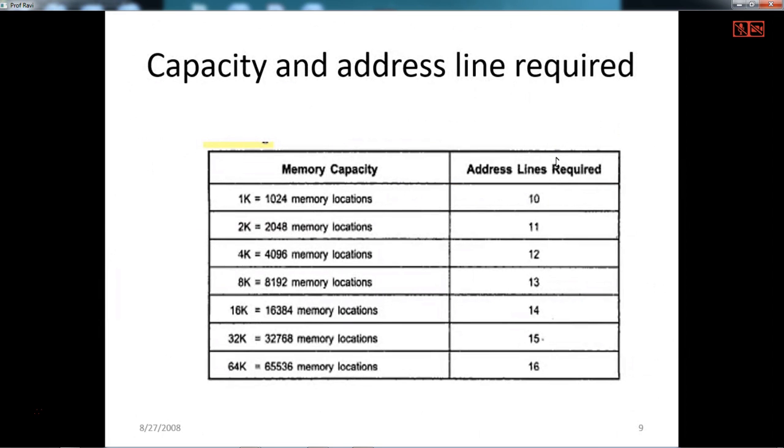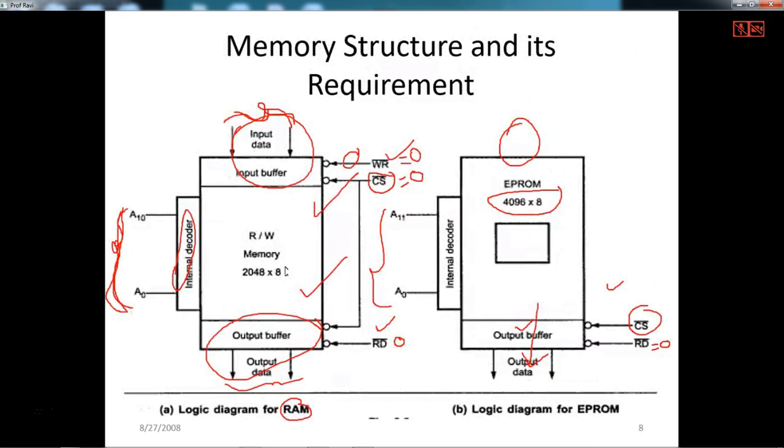Coming to the size of the memory, here you have 2048 by 8, and here you have 4096 by 8. What do you mean by this? This is a 4K EPROM, and this is a 2K EPROM.